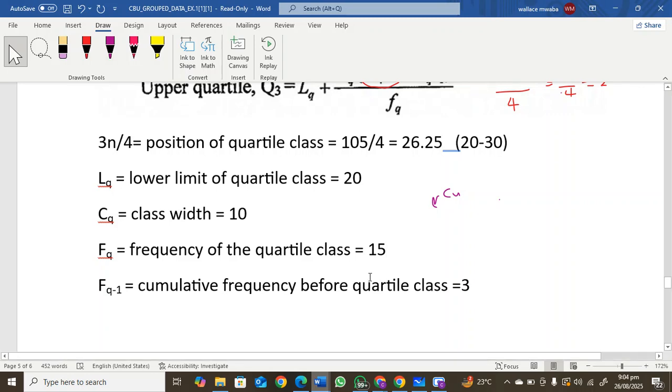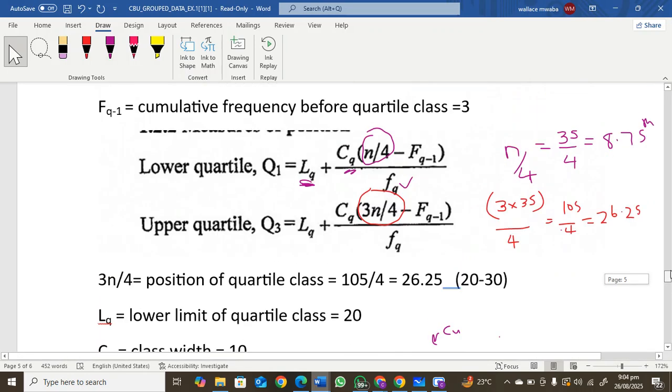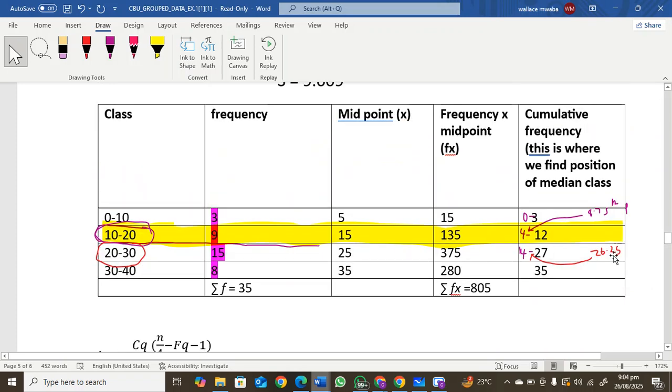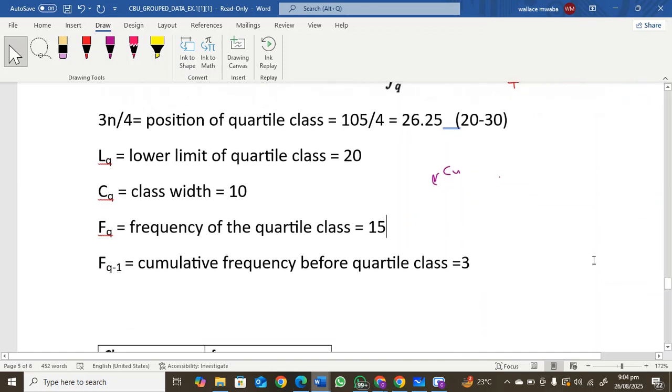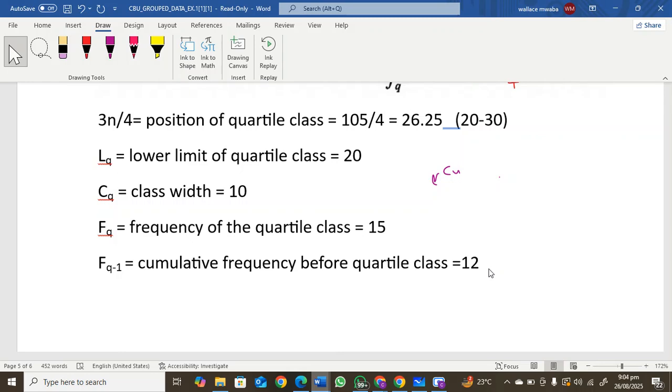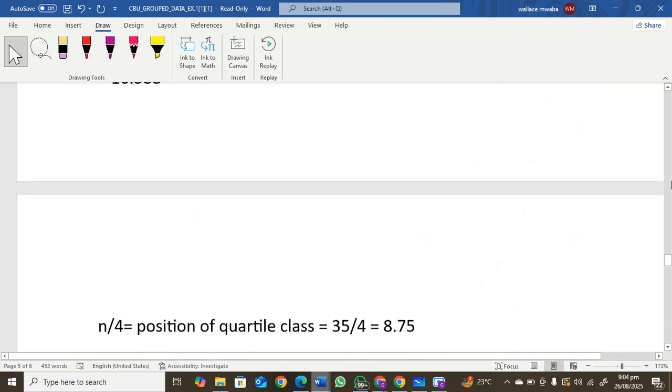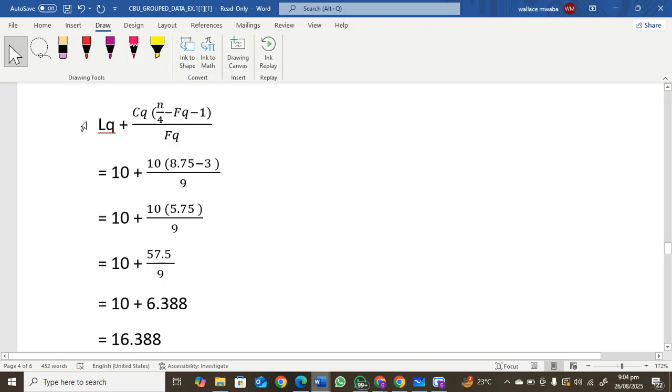Cumulative frequency before our upper quartile class, 12. Let me just put our formula.